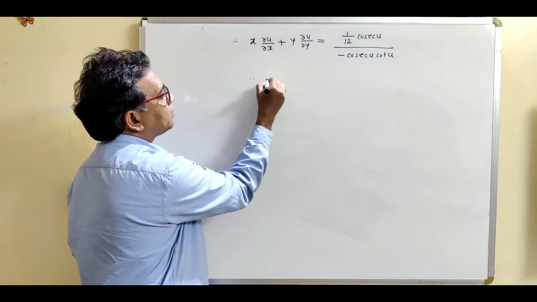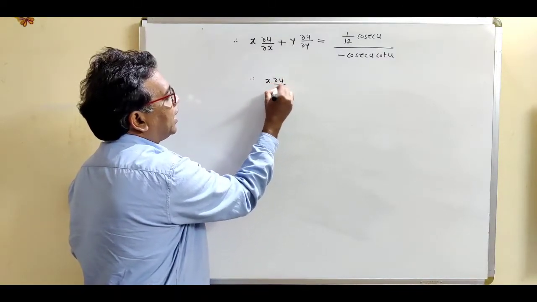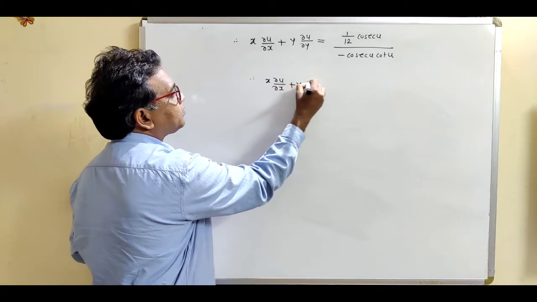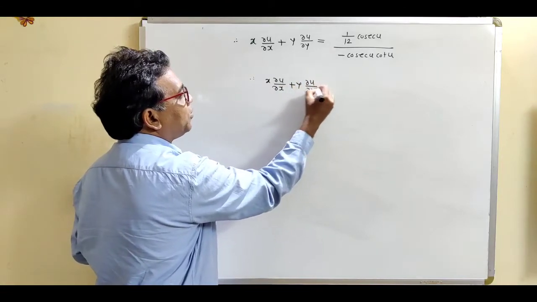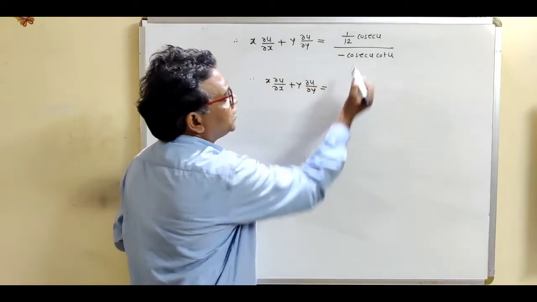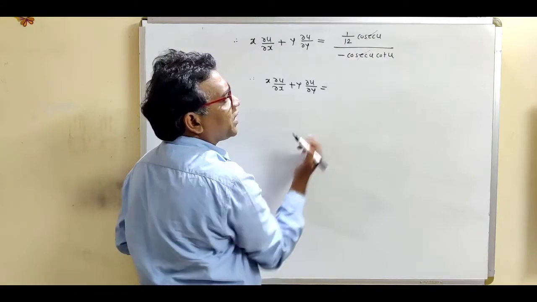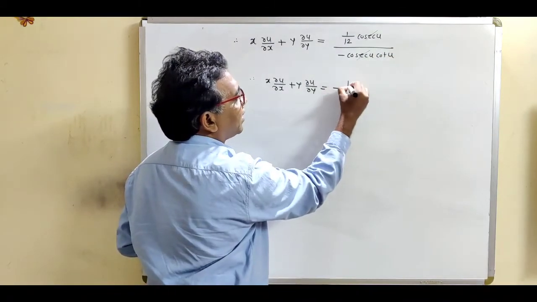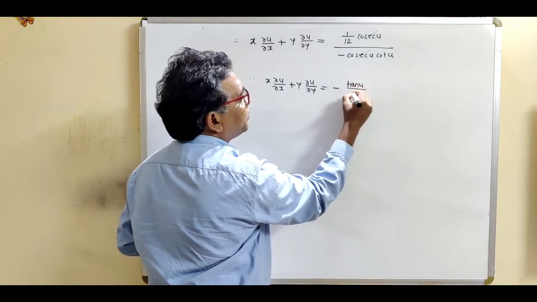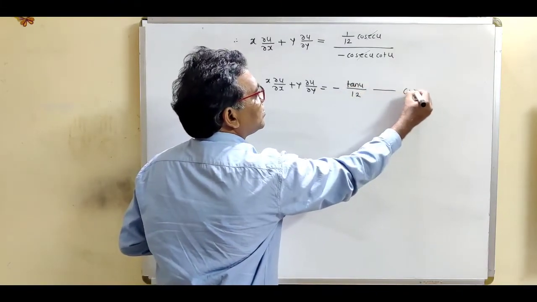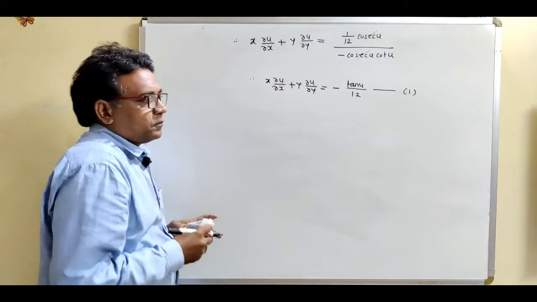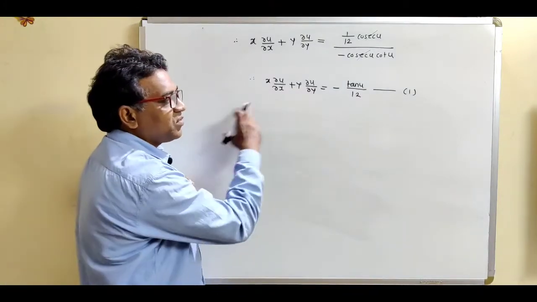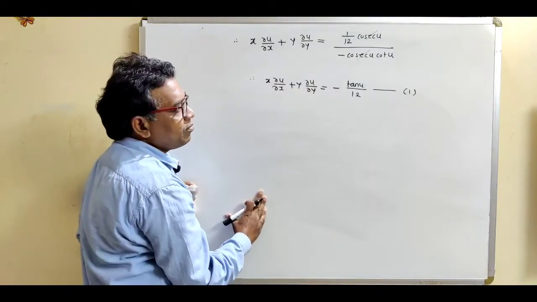So this is x into del u by del x plus y into del u by del y is equal to, now this cosec u gets cancelled, so this is minus, now 1 upon cot is tan, so this is tan u divided by 12. So this is our statement of Euler's theorem. So see, this is our equation number 1.